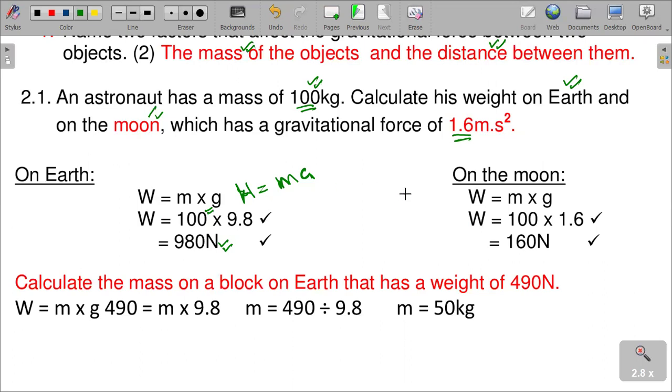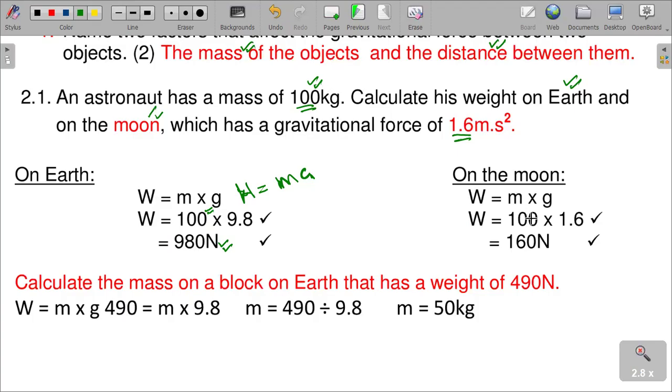And then the weight on the Moon is W equals m times g. Our mass does not change. Remember, we said mass does not change.